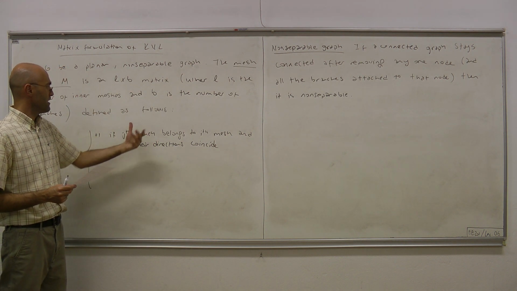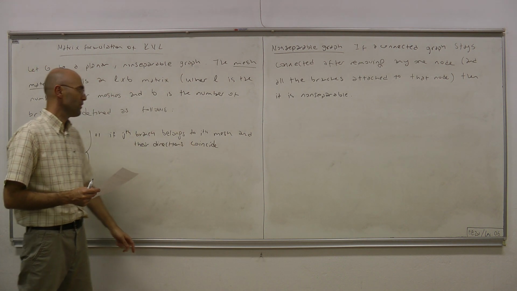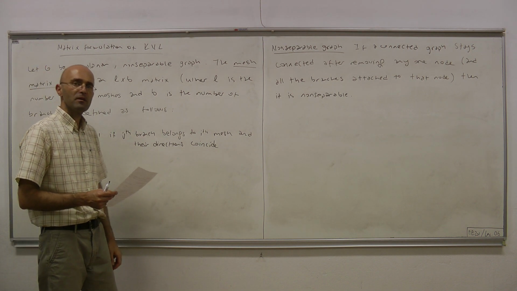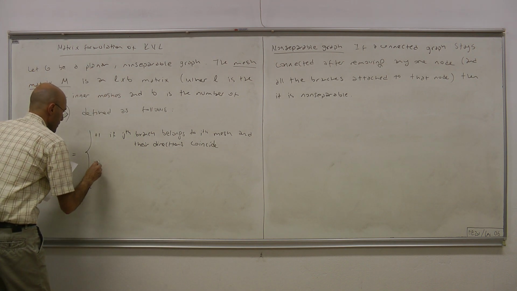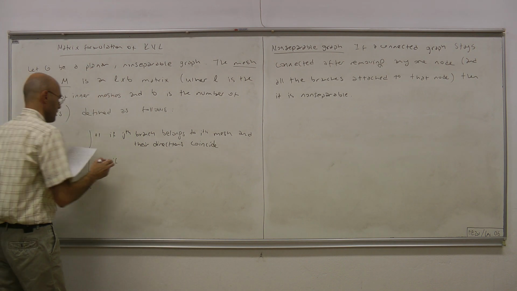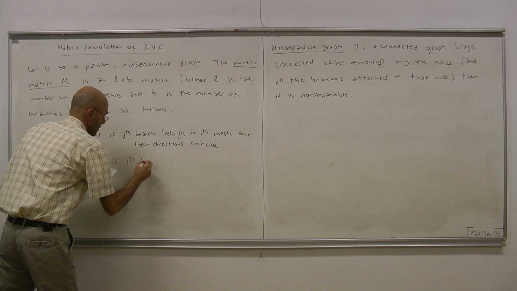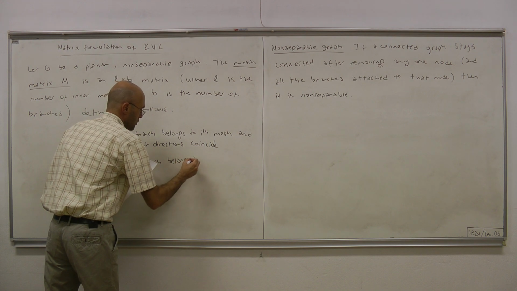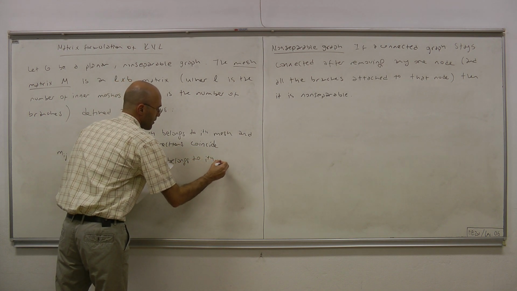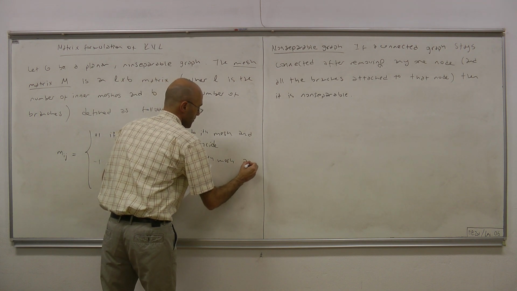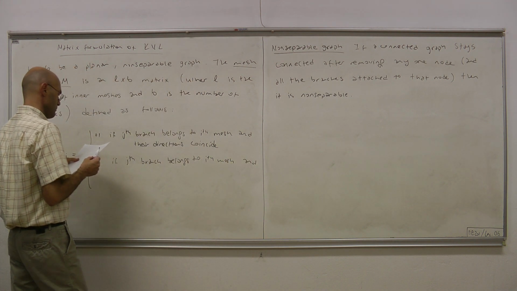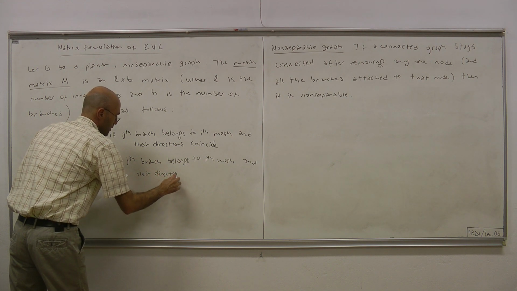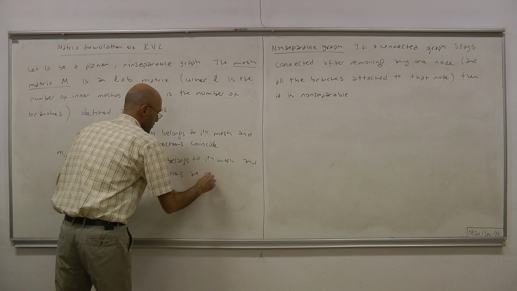It's -1 if the directions are opposite to one another, and it's 0 if the branch doesn't belong to the corresponding mesh. Okay. -1 if the jth branch belongs to the ith mesh and their directions are opposite.